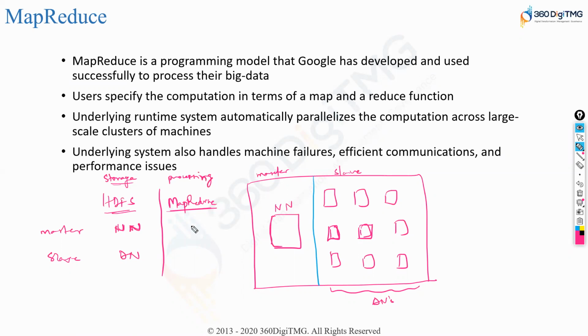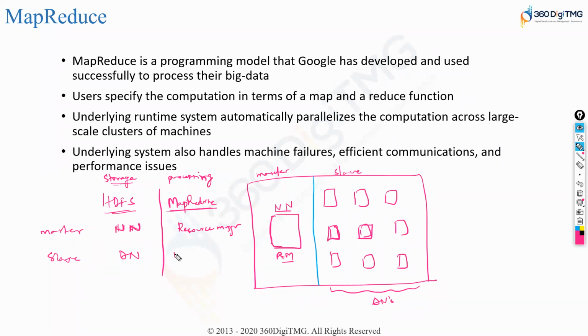So this service is completely different, and here we will have something called the resource manager. Now this is the master, and that service can be run in any node. We generally take the master node only for running the resource manager services. So name node service and resource manager service can be running in the same node, the master node.